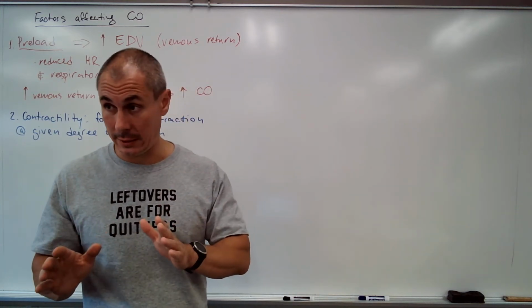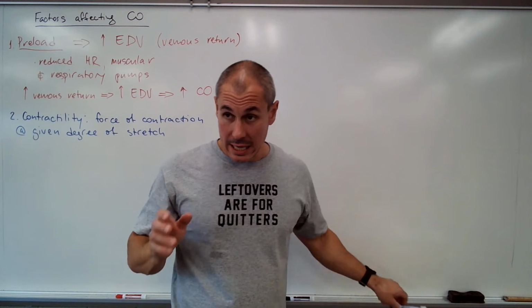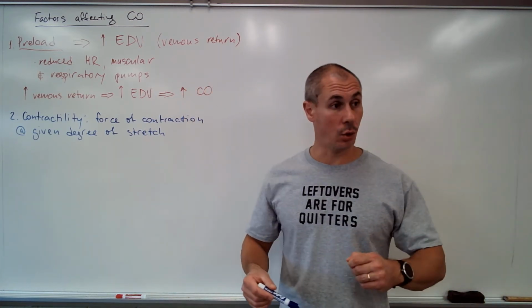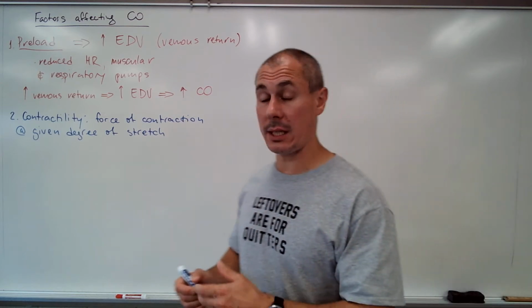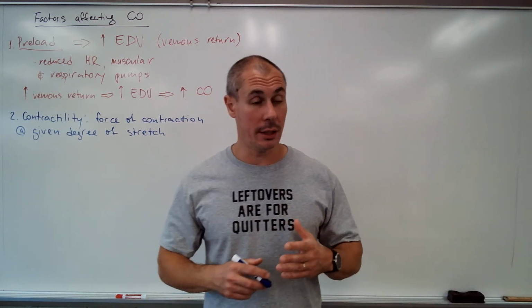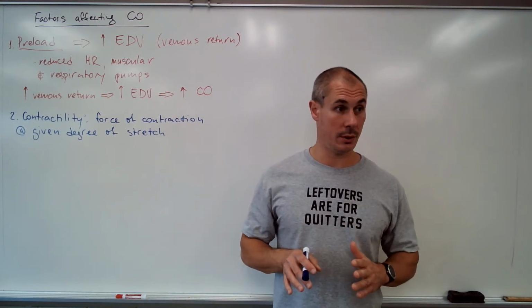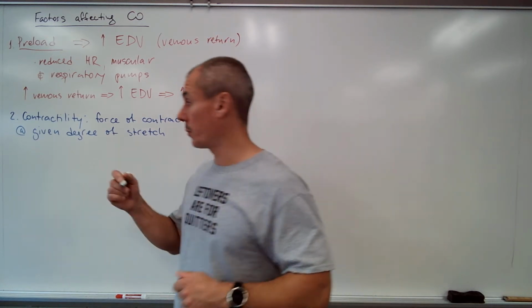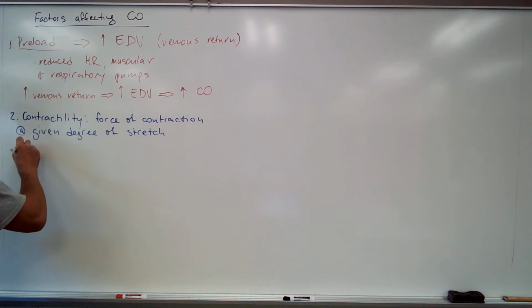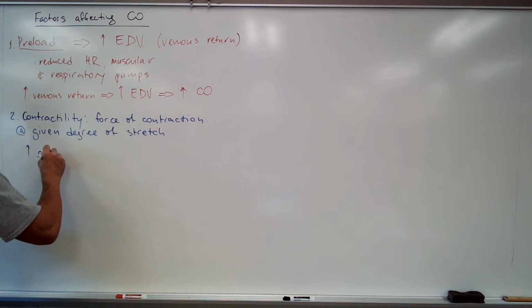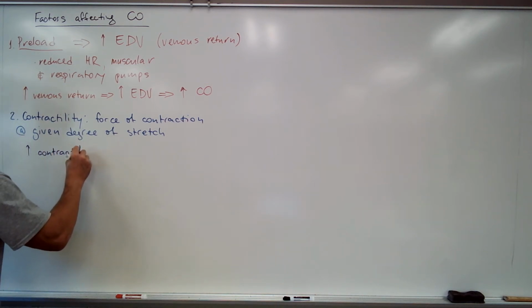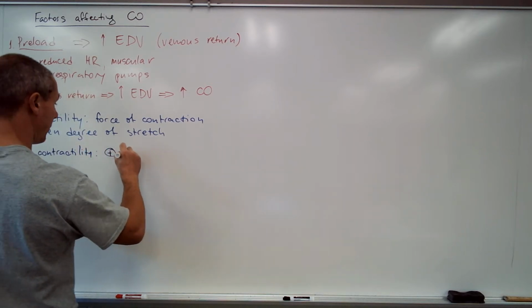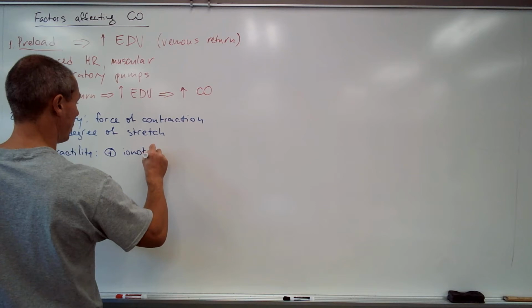So far, does that make sense? Agents that alter contractility are called inotropic agents. And basically, contractility depends first and foremost on the concentration of calcium. So agents that increase contractility are called positive inotropic agents.